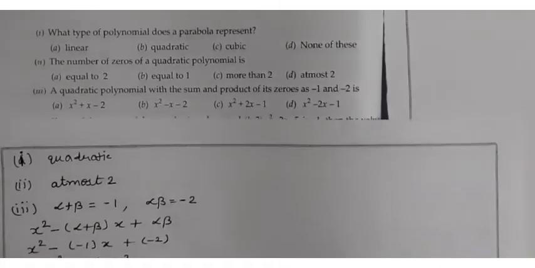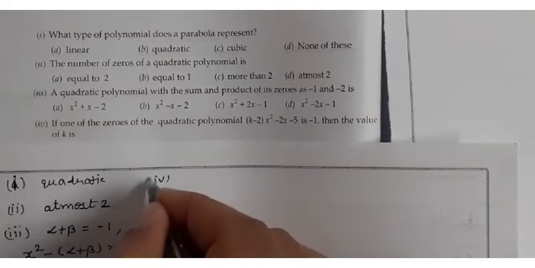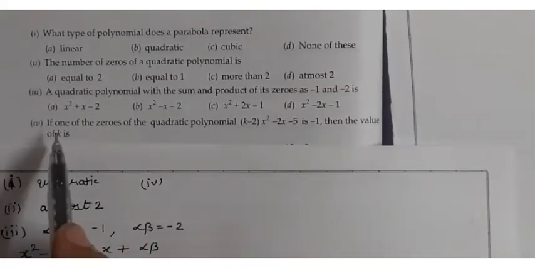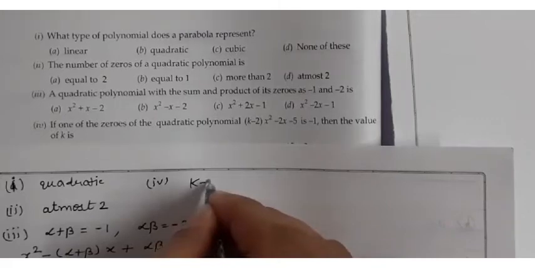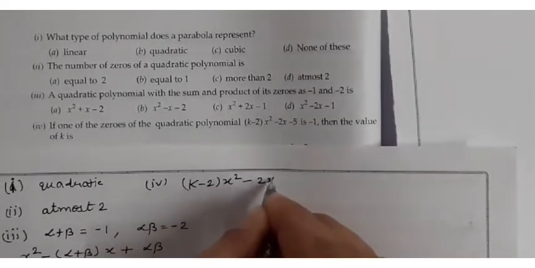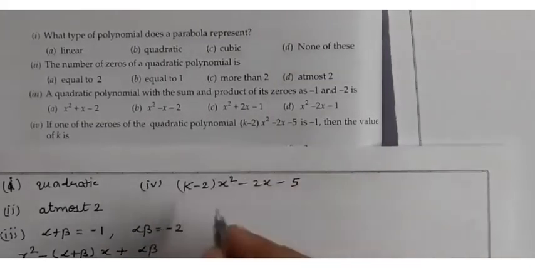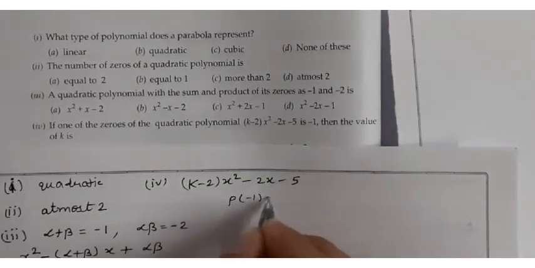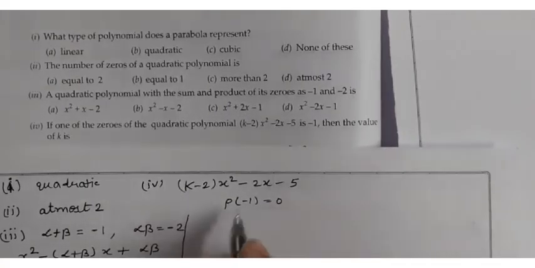Then come on, fourth part. If one of the zeros of the polynomial is -1, what is the polynomial? Just write carefully. You have been given -1, then p(-1) will become 0. What is the meaning? In place of x you have to put -1 and get the value of k.